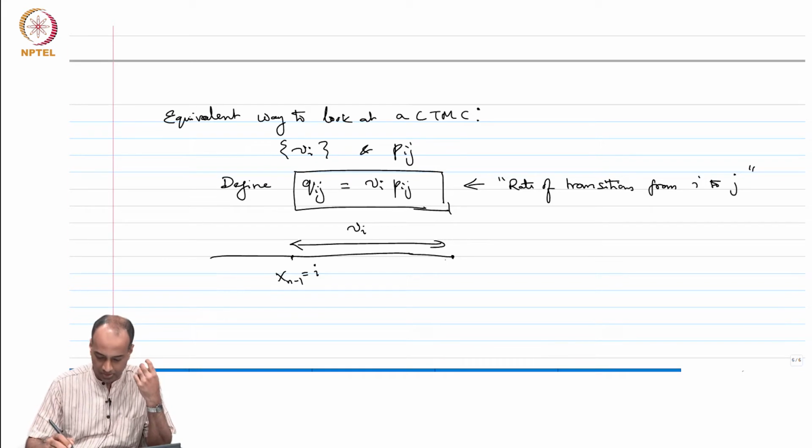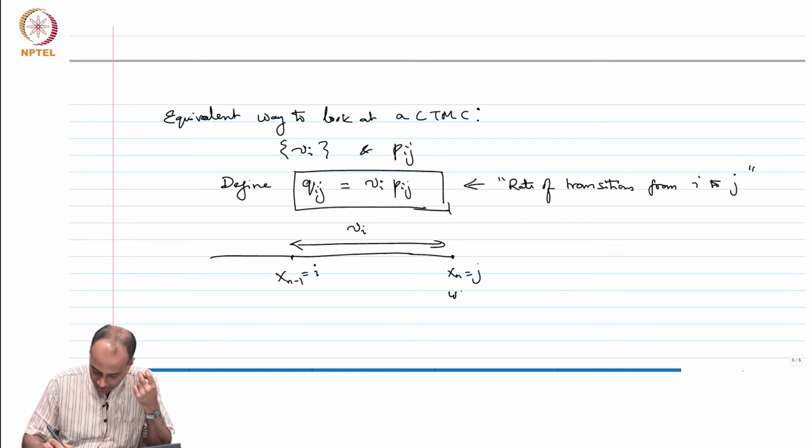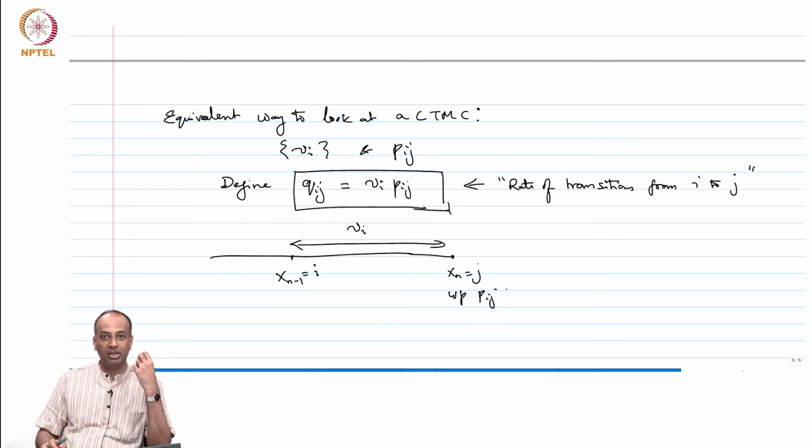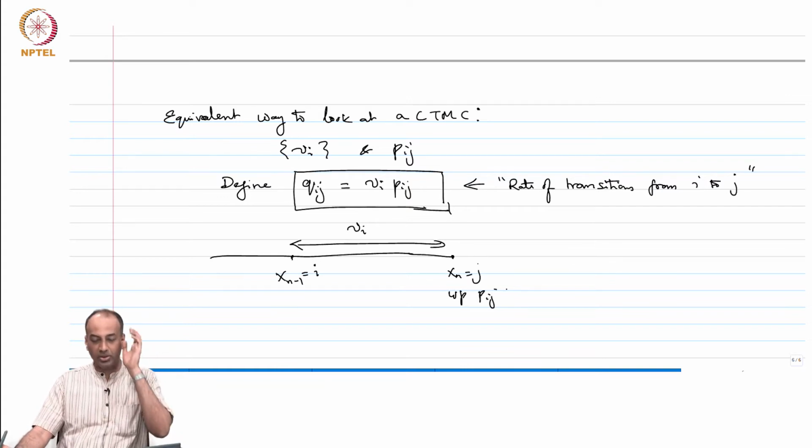So, xn equals j with probability Pij. This is one perspective. Another perspective is to say that I am in state i, having got to state i at xn minus 1.